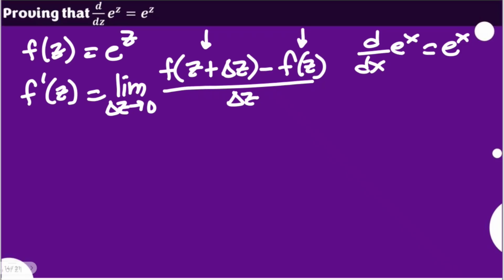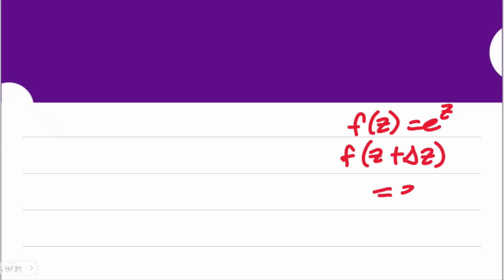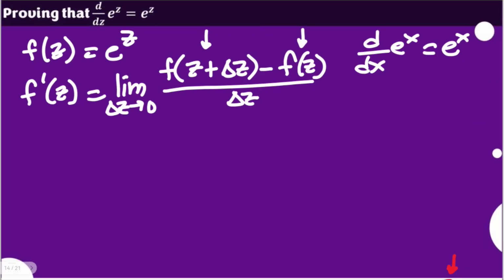Allow me to use the scratch portion here. Our f of z again is e to the power of z. In short, our f of z plus delta z is equivalent to e to the power of z plus delta z. So this is what we're going to apply here. By the way, the reason for this is we're going to simplify our limit, because as delta z approaches 0, this will be undefined.